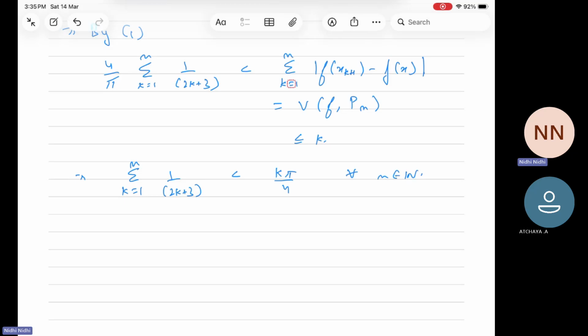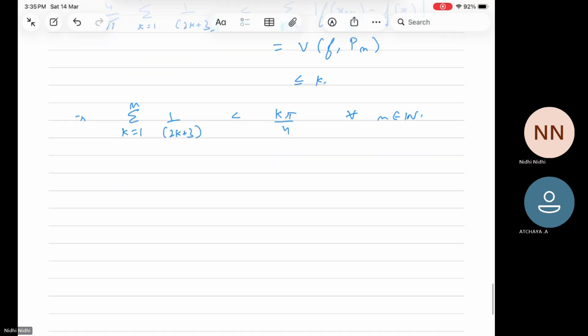Now, since we have dependence on n on the left hand side and the right hand side is independent, taking limit, we get limit n tending to infinity, summation k from 1 to n, 1 upon 2k plus 3, is less than or equal to k pi by 4.